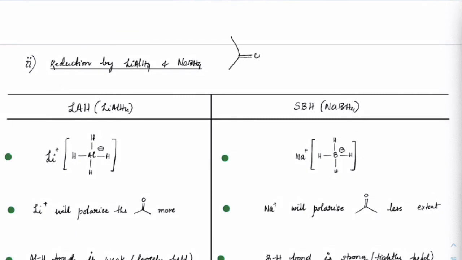Suppose there is an oxygen present like this, a carbonyl oxygen, and if you have lithium plus and sodium plus in its vicinity, it will have more attraction towards lithium plus. Okay, now lithium plus is getting more attracted here.